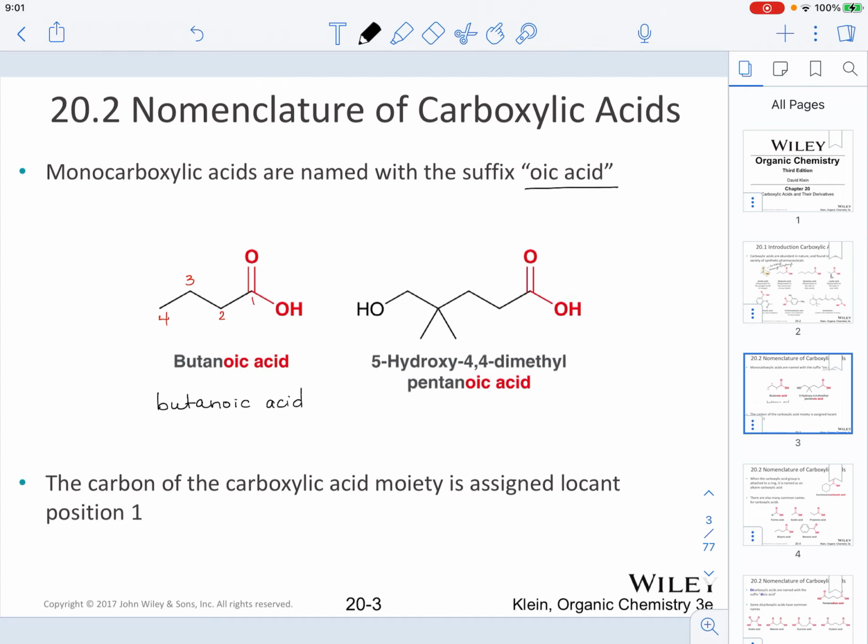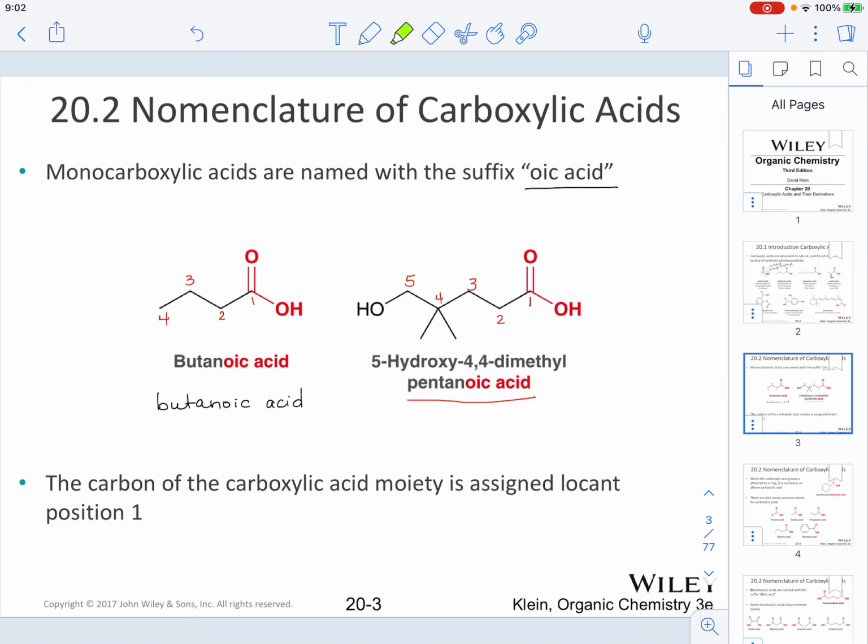When we have the carboxylic acid on the right, we're going to find the longest carbon chain. This is carbon 1, carbon 2, carbon 3, carbon 4, carbon 5. Remember that when we are numbering, we only number the carbon atoms. Our longest carbon chain has 5 atoms, and that's where the word pentanoic acid comes from.